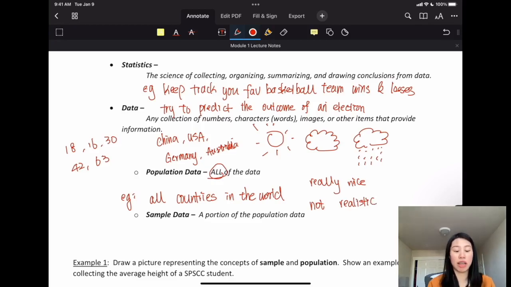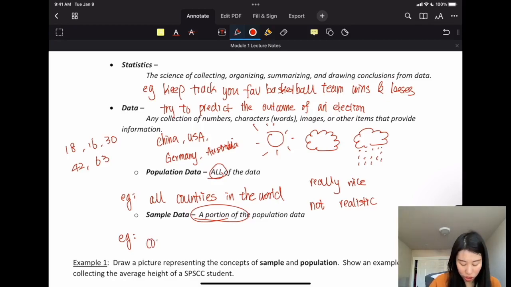What about sample data? Sample data is a portion of the population data. It's part of it. A sample is a specific group that you can collect data from. So let's use the same example. We're trying to find out the average GDP of the world.